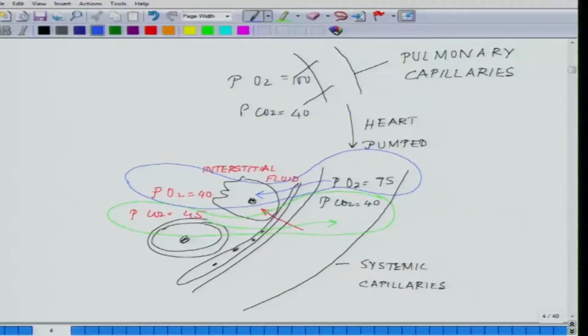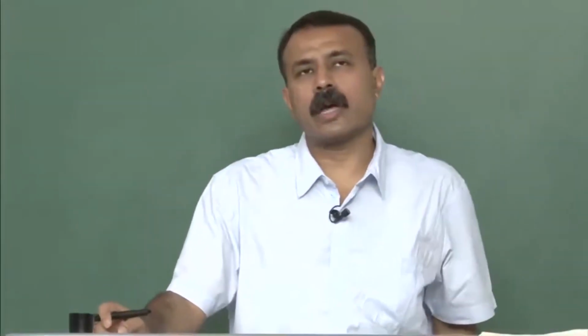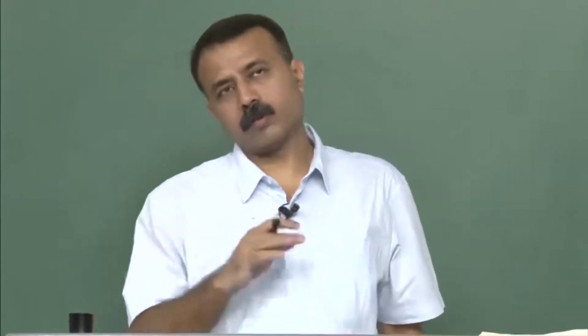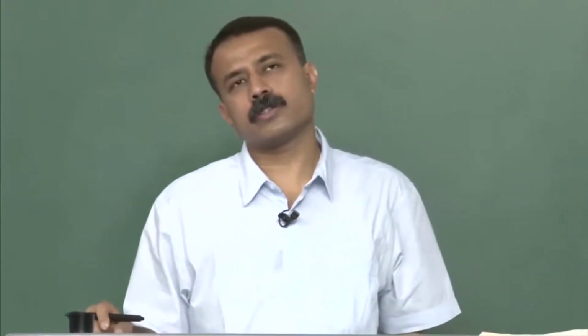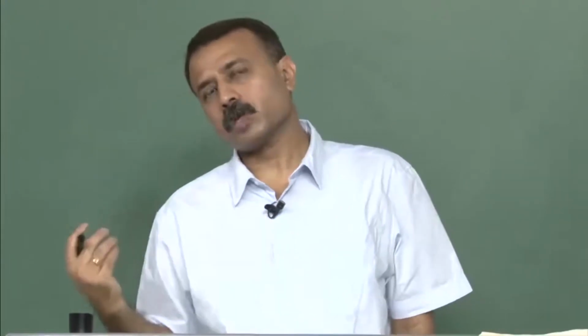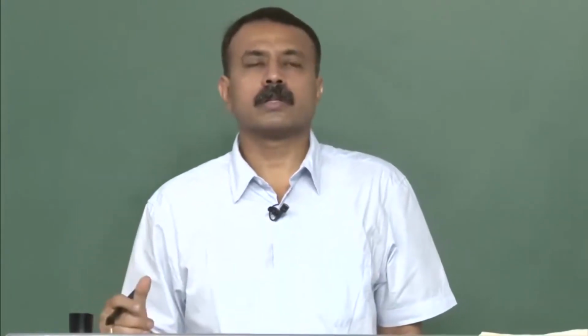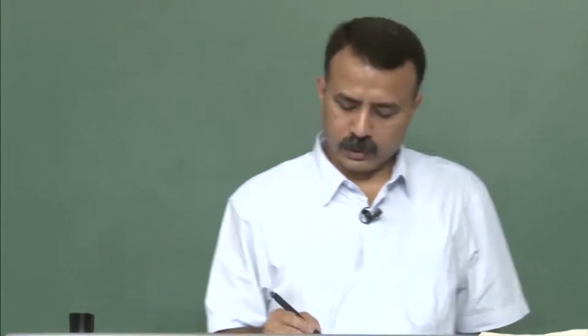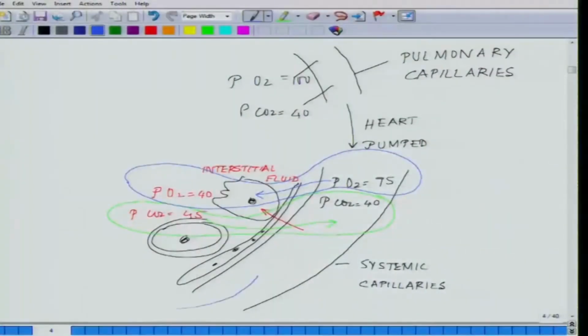So, the movement of oxygen will be from the systemic capillaries to the tissues, and the movement of carbon dioxide will be from the interstitial fluid to the systemic capillaries.